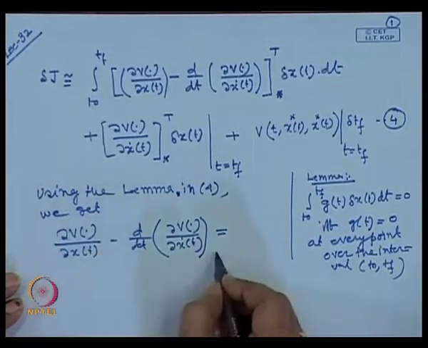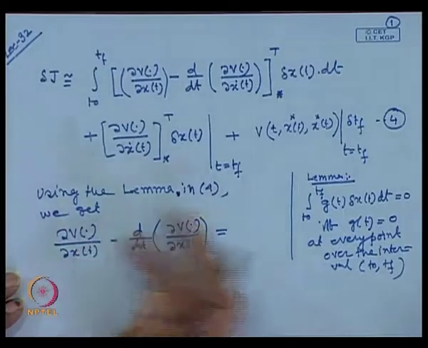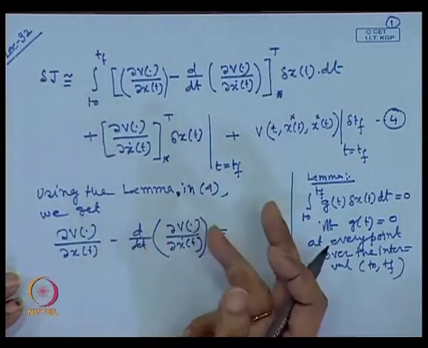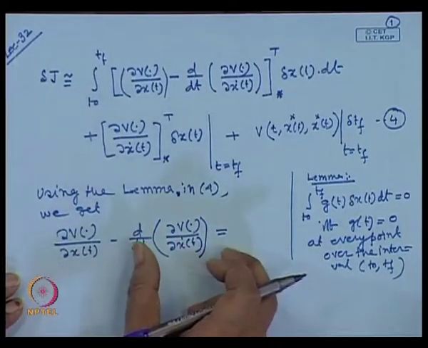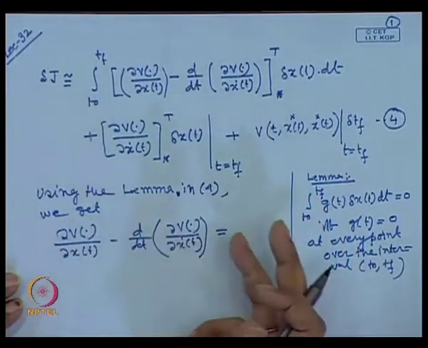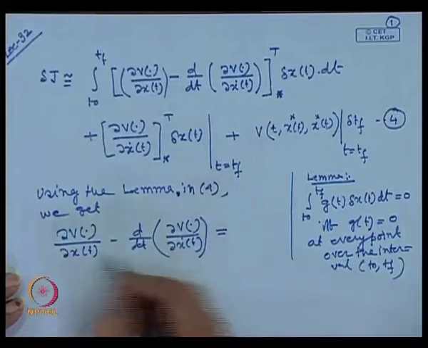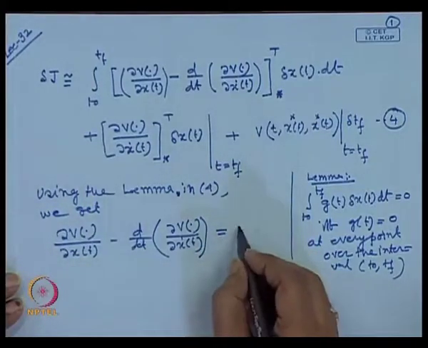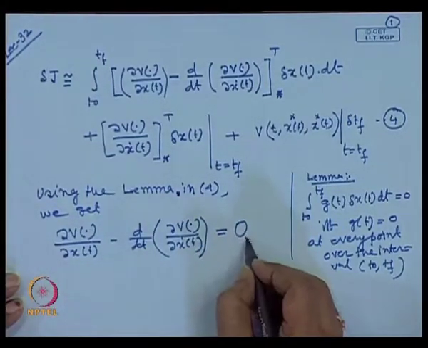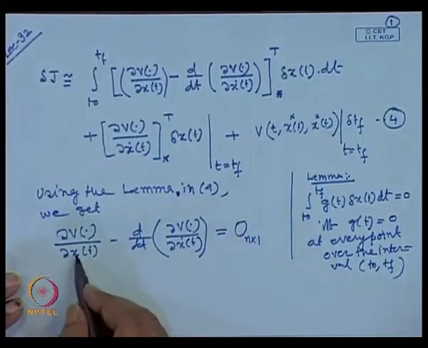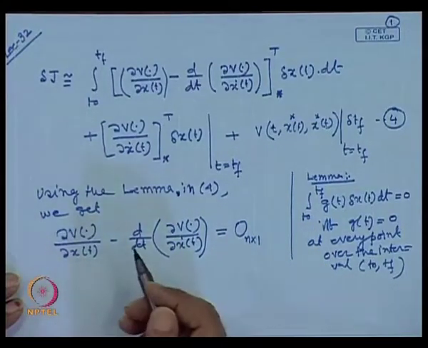0. You can put star on all these things, because I have to find the optimal trajectory. Whatever solution of x you get will give you x star. Either you can put the star or omit it. The dimension is n cross 1: if x is a vector of n variables, x 1, x 2 and so on, then the dimension is n cross 1.